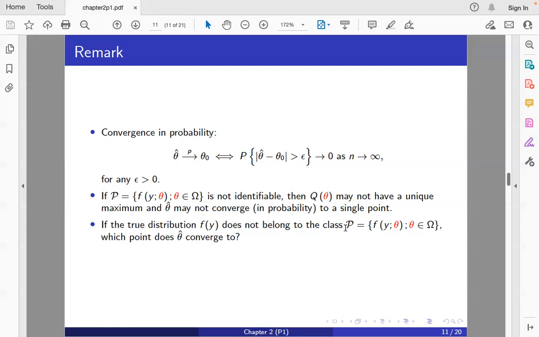But if the model is wrong, meaning the model space we are considering is here, but the data is actually generated from outside the space, then how does the law of large numbers change?